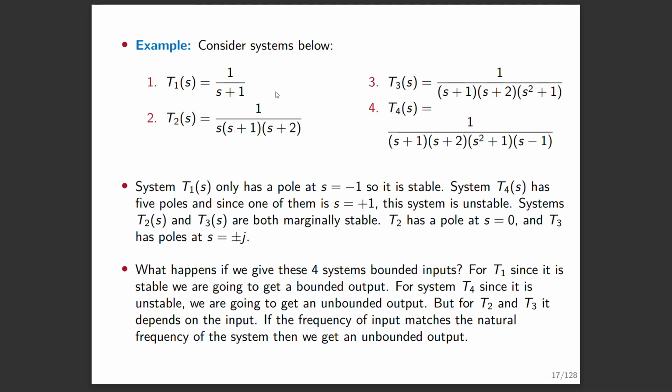My unstable system would produce an unbounded output for a bounded input. But for marginally stable systems, it depends. It depends on that input. If that input has the frequency which is the natural frequency of the system, then the output would be unbounded. Otherwise, it's going to be bounded.